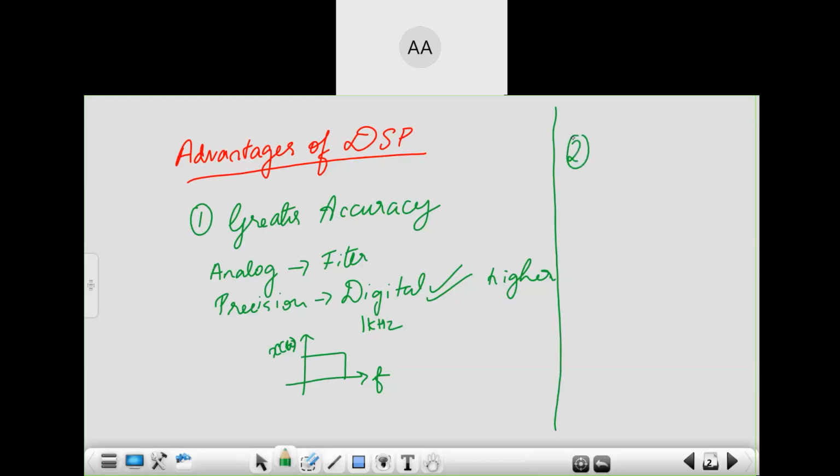Next important thing is it is cheaper. Doing anything in the digital domain is definitely much cheaper, because analog requires a very high amount of processing power, whereas digital will require very little of it. Third thing is ease of storage.